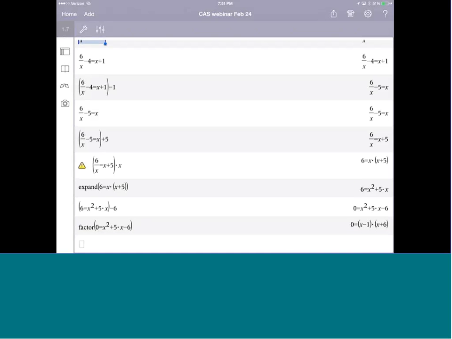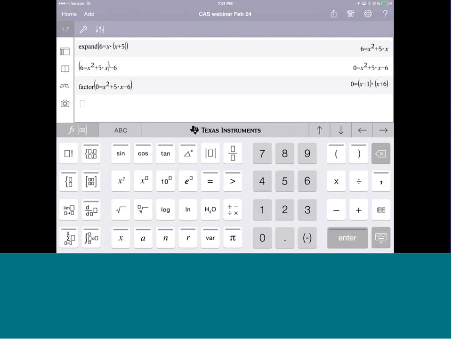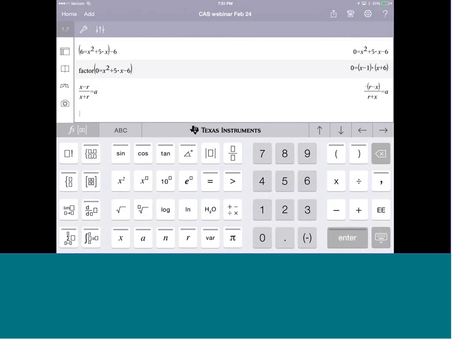Neville talked about a problem that he gave students that I thought was really kind of cool. It was, I think, something like x minus r over x plus r equals, let's say, a, and solve that for a, or solve that for x.